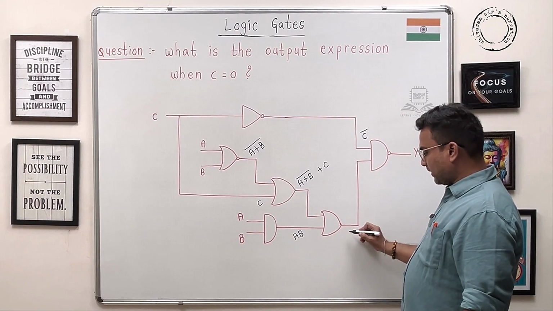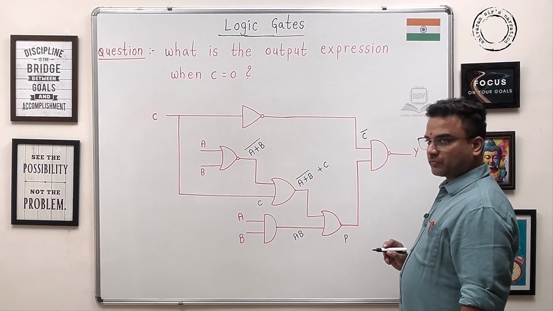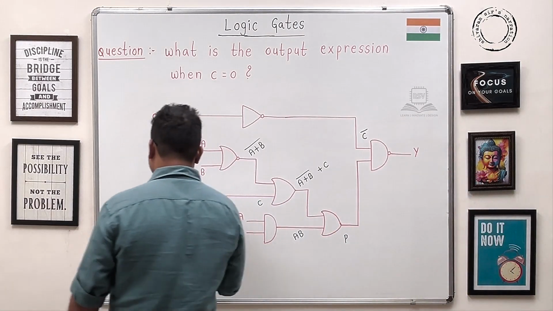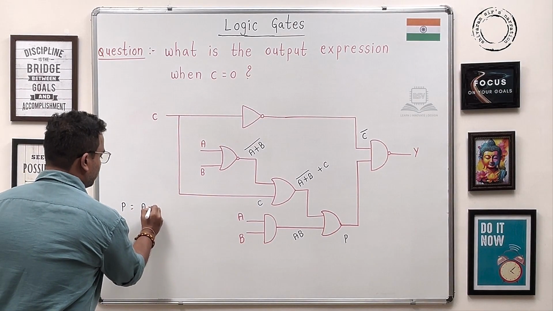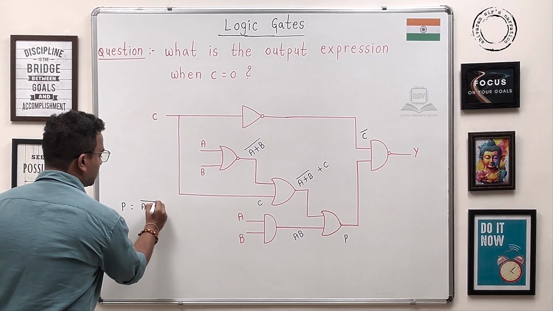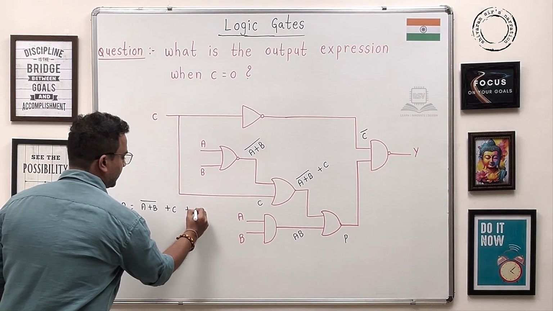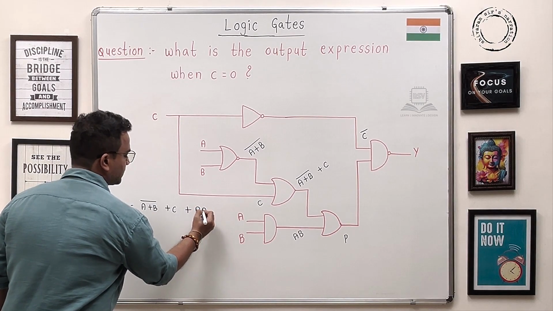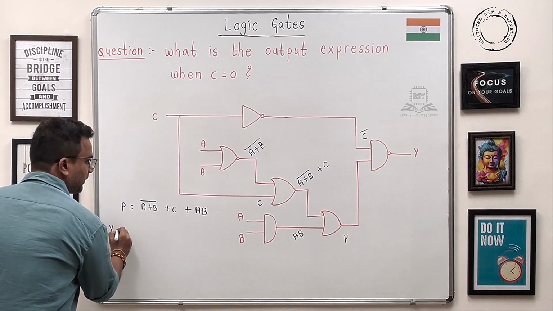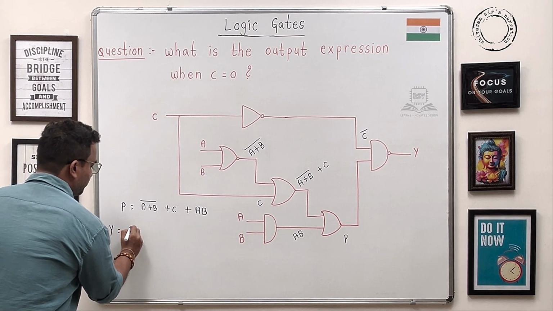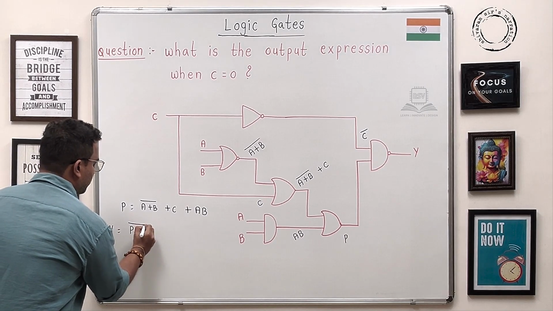Now guys, for this, let's assume this is P. What is P? It is (A plus B) whole bar plus C, plus AB. That's it. Now if you take the output expression y, it will be P into C bar, whole bar.